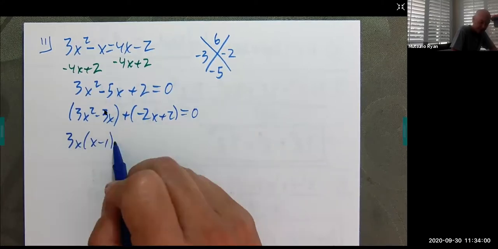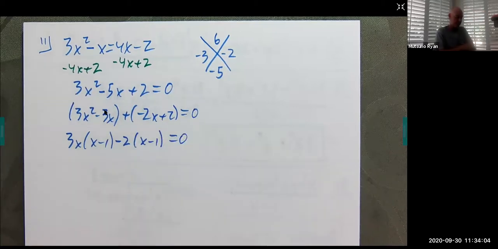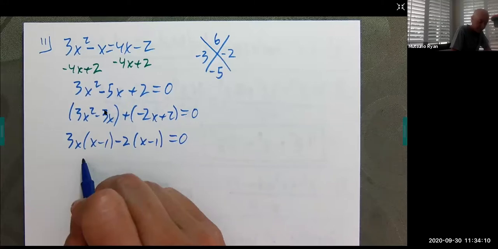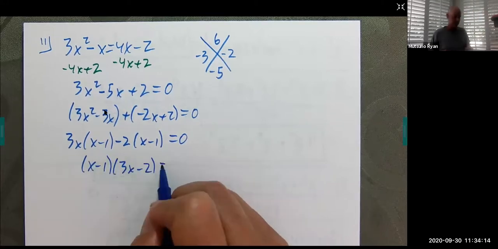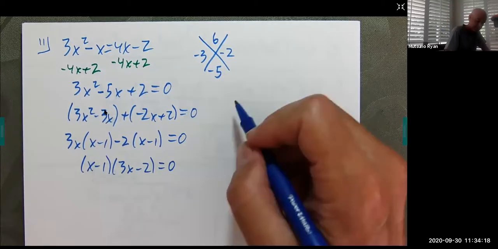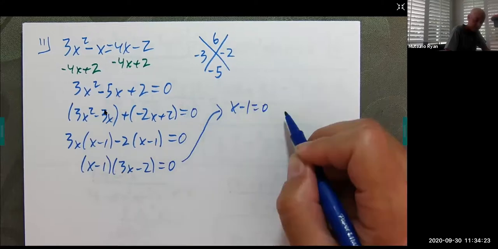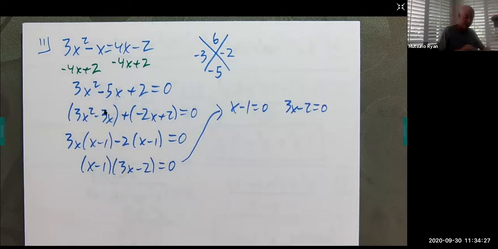And notice both signs change. And now I have in common an x minus 1. And now I'm going to use my zero product property. Come up here. X minus 1 equals 0. 3x minus 2 equals 0.